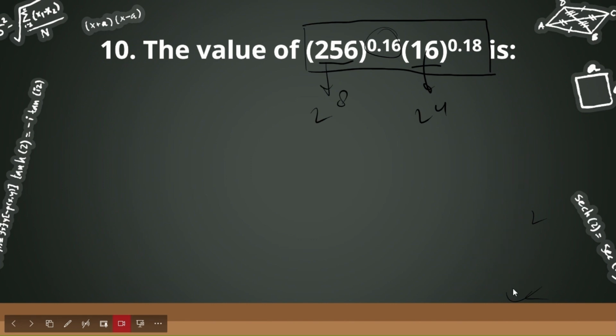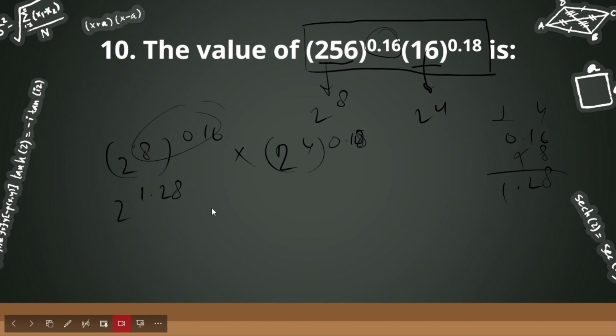Now the question should become simple. The question becomes 2 to the power 8, to the power 0.16, times 2 to the power 4, to the power 0.18. Now when the power is like this, it's always multiplied. 0.16 times 8 becomes 1.28, so it becomes 2 to the power 1.28.